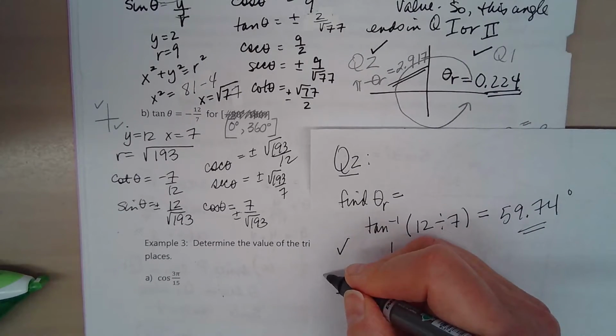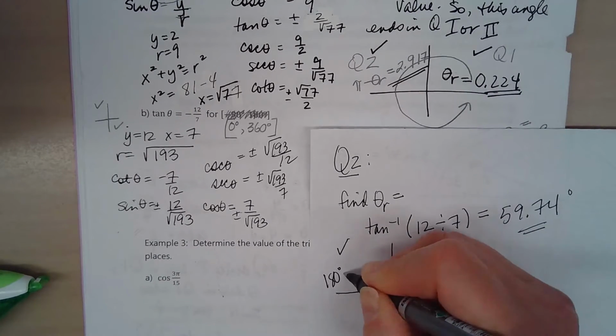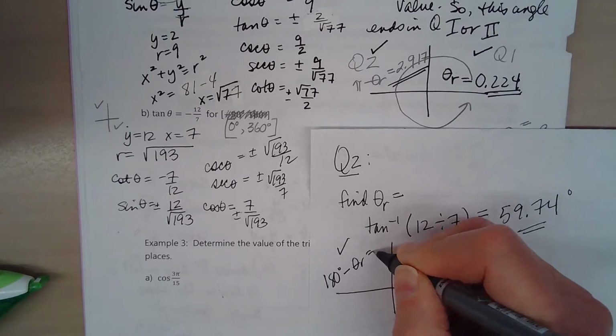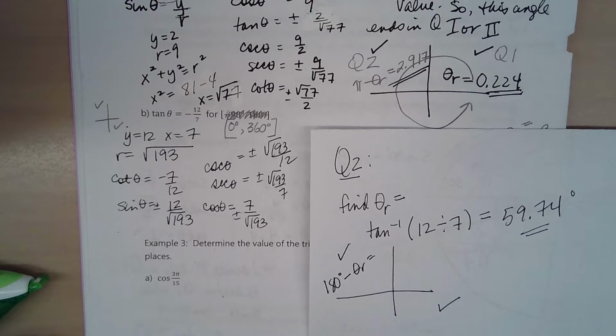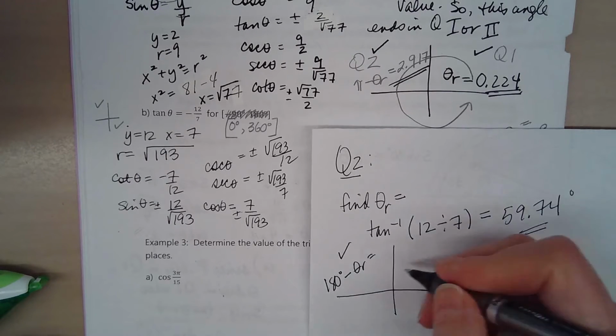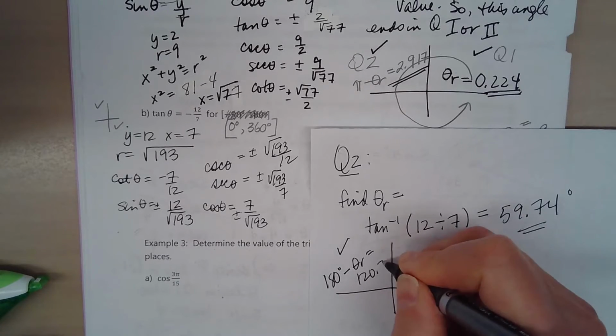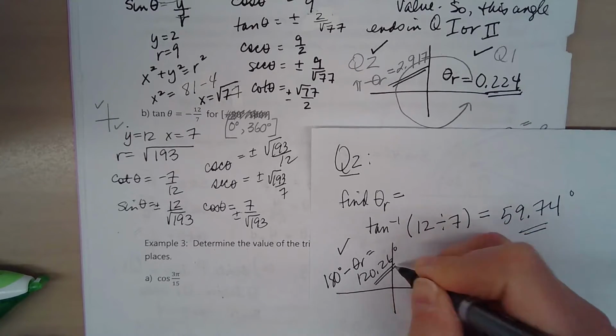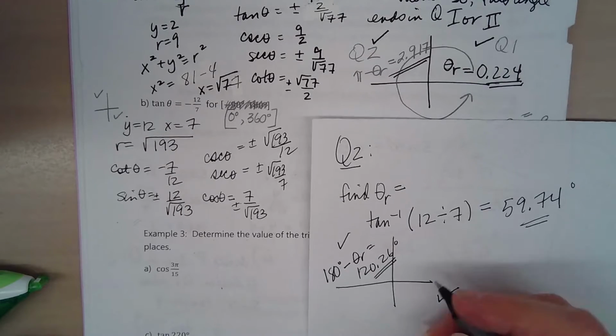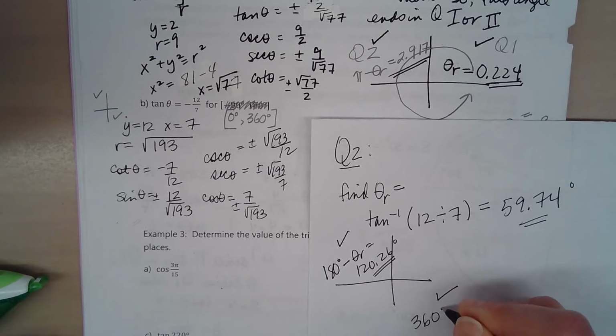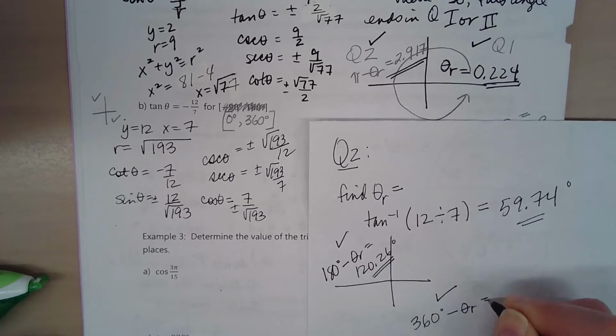So in quadrant 2, it's going to be 180 minus my reference angle, which is 120.26 degrees. And then in quadrant 4, it's 360 minus my reference angle.